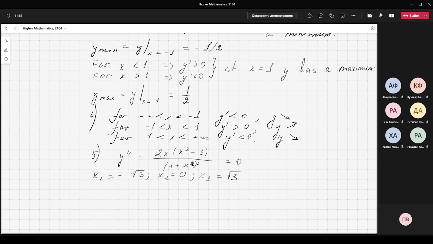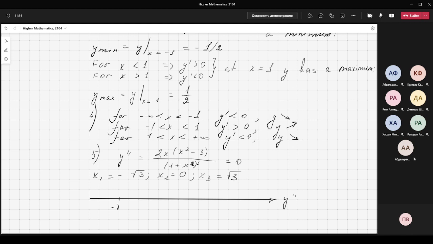Investigating the second derivative as a function of x, we find that, maybe I denote it on the line, minus square root of 3, 0, square root of 3.